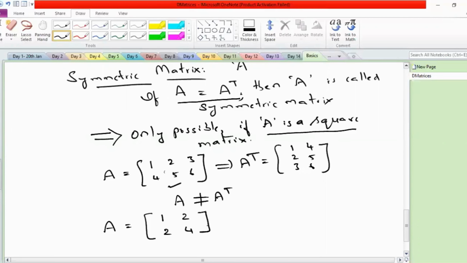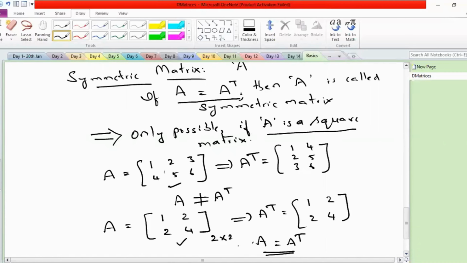This is a square matrix because this is 2 by 2. Now what will happen to my A transpose? A transpose is again 1, 2, 2, 4. So A is a square matrix and it is satisfying this condition. Hence A is called a symmetric matrix.